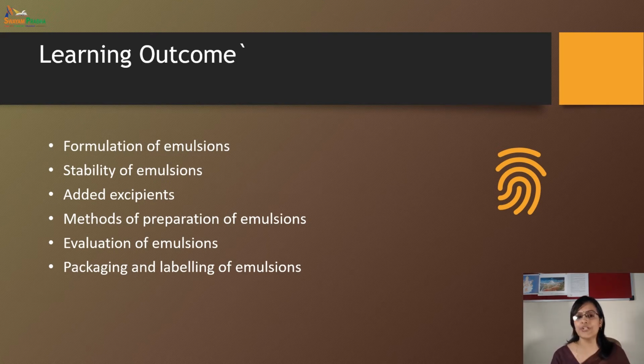What are the formulation factors of emulsion, how an emulsion is going to form, and we will also see the different problems in formulation of emulsions, and what the emulsifying agents are, their classification and description, as well as we will also discuss the evaluation of emulsions. So all these things you will learn after completion of this module.